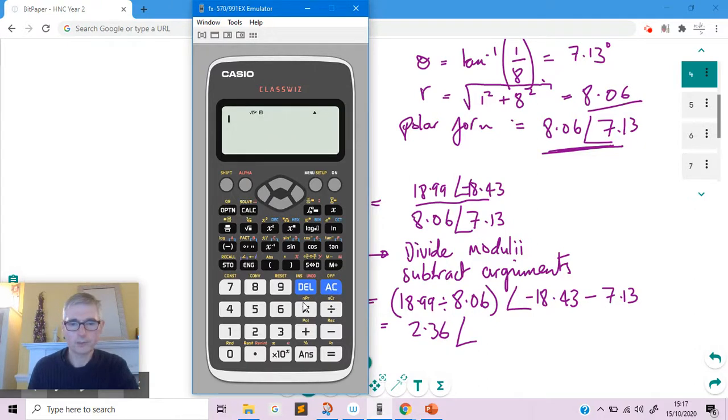So minus 18.43, take away 7.13. If I do that, that's going to give me minus 25.56.